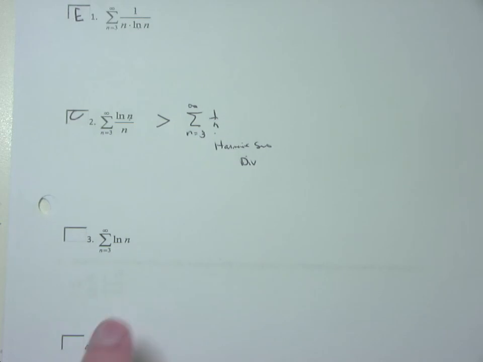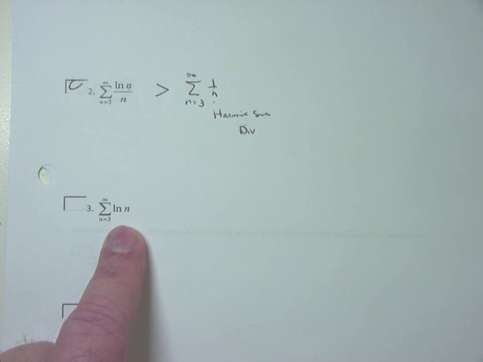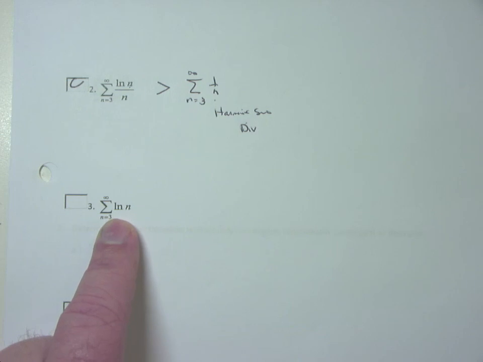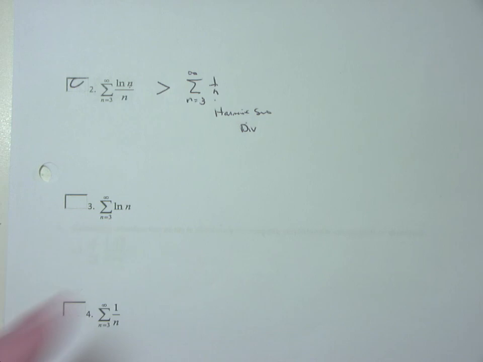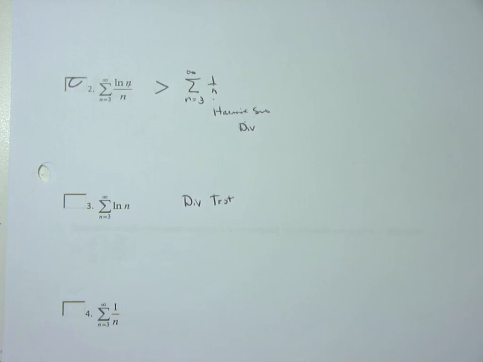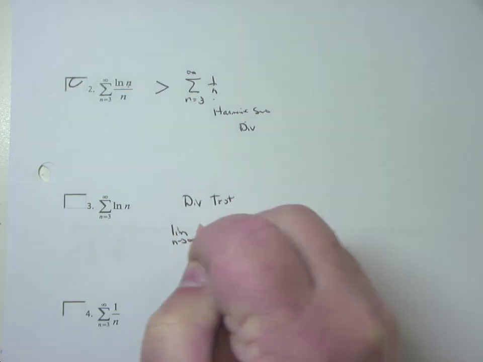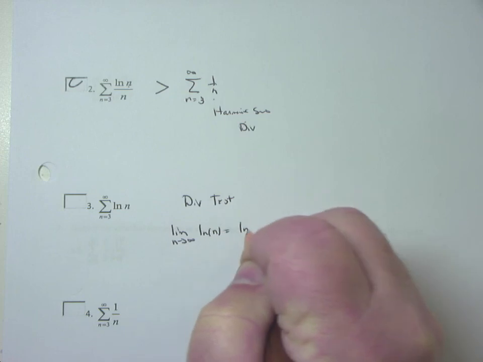This one. Is this a p-series? Nope. Is this a geometric series? Nope. Could you compare to a divergent p-series? Well, this thing is natural log of n, so it's not a polynomial, so you're not going to compare to a p-series. Do the terms have a limit of 0? Actually, this would be the divergence test. Notice your sequence part is natural log of n. When you take the limit as n approaches infinity of the natural log of n, you get the natural log of infinity.